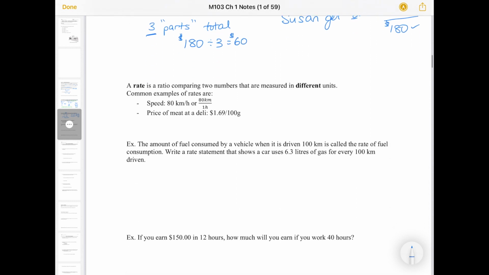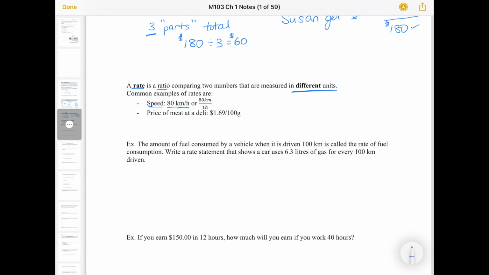Okay, so I have one more example, and it's very similar, but instead of a ratio, it is a rate. And a rate is a ratio, but it has different units. That's the only difference, is it's not the same unit. So our common rates are speed, right? You're going 80 kilometers an hour, right?